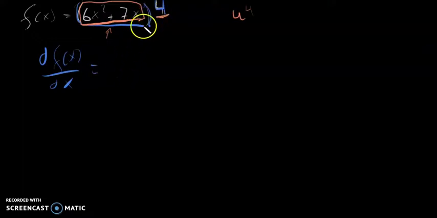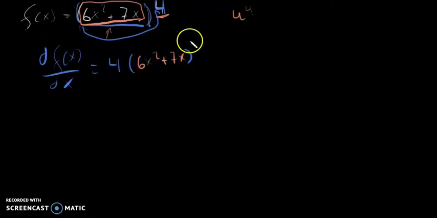So let's just treat this as a normal power rule, and let's bring the power down, right? 4 down, times the inside stays the same, right? And then we subtract 1 from the power here. Right, so that's our general power rule. But the thing is, we haven't dealt with the inside yet. So what we need to do now is, after that, take the derivative of the inside.